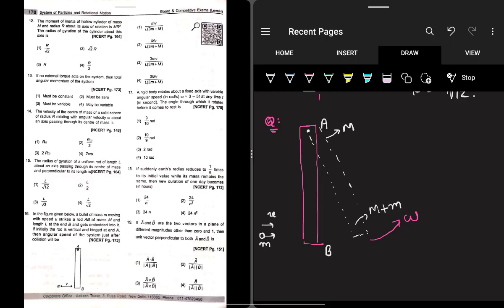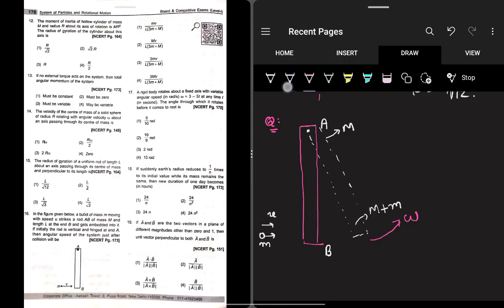So remember, conservation of angular momentum. We have not discussed it yet, but we will discuss it. Okay, it is similar to conservation of linear momentum.